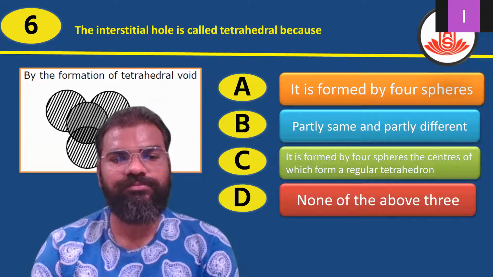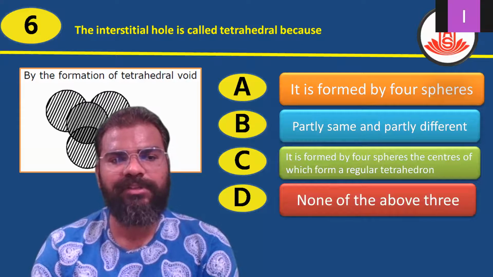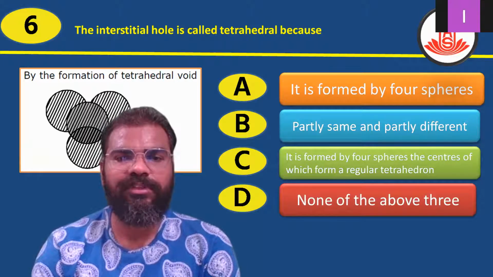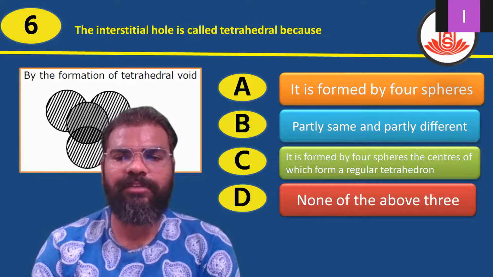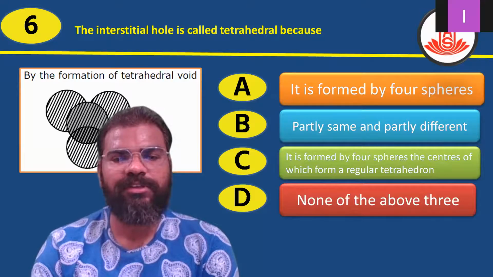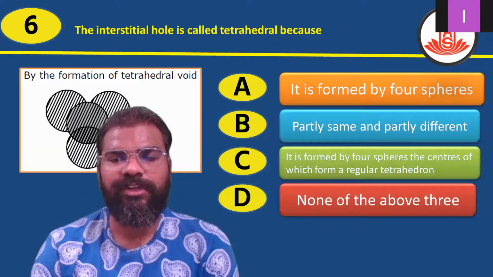So by the formation of a tetrahedral void, you can say there are four atoms which form the tetrahedron. That's why it is called a tetrahedral hole.